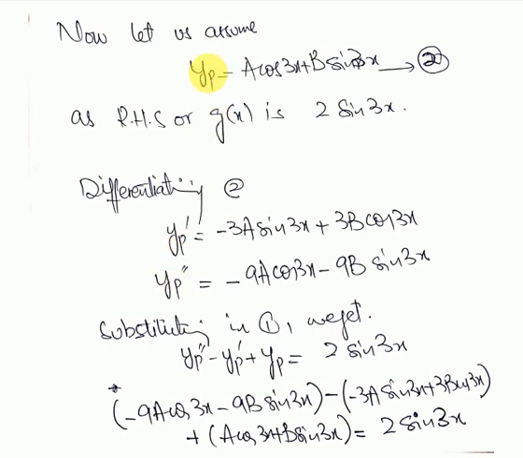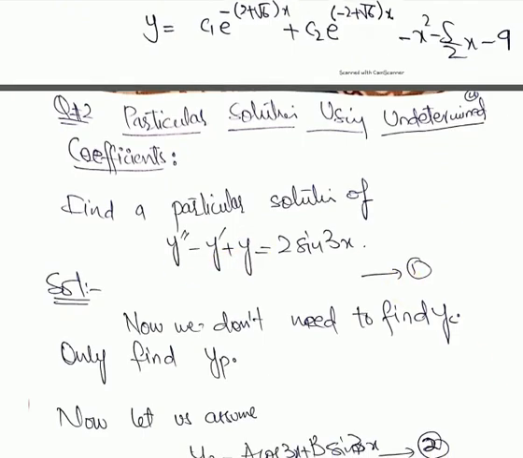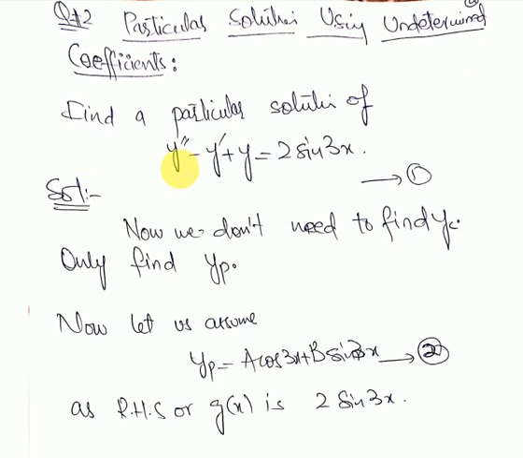Also we have yp. What we will do is put it in equation number 1. How? First we will write this as yp double dash minus yp dash plus yp is equal to 2 sine 3x. Why are we converting y double dash, y dash and y into yp? Because we are finding the particular solution of this equation.